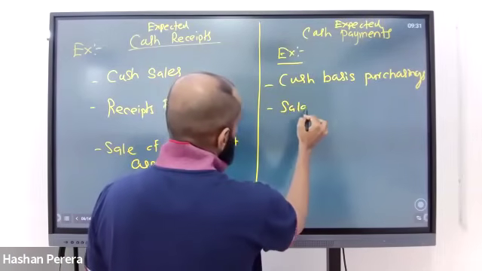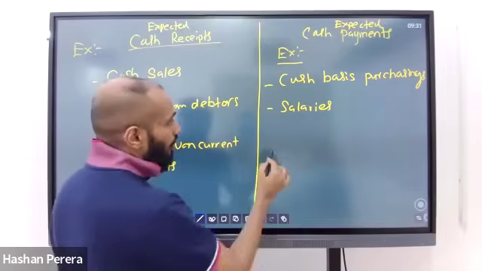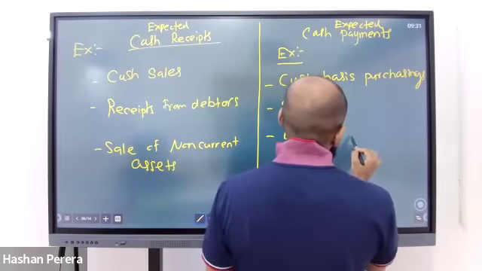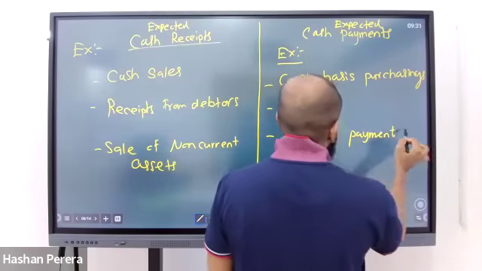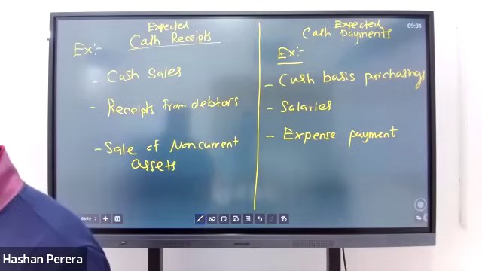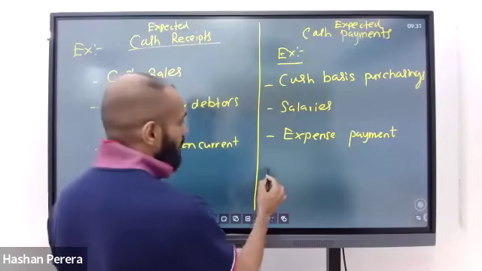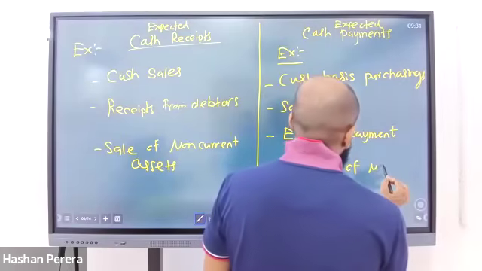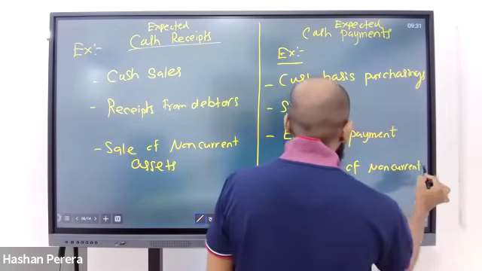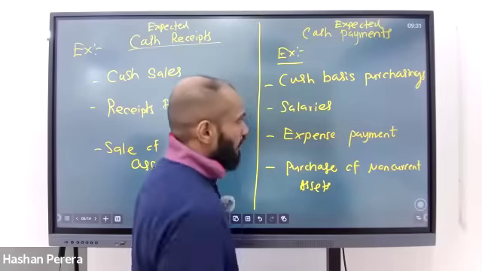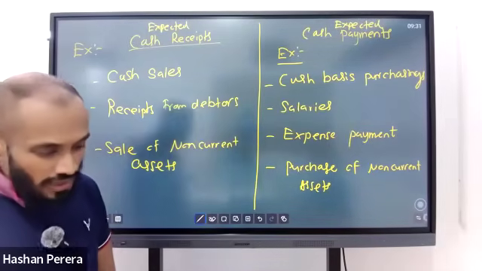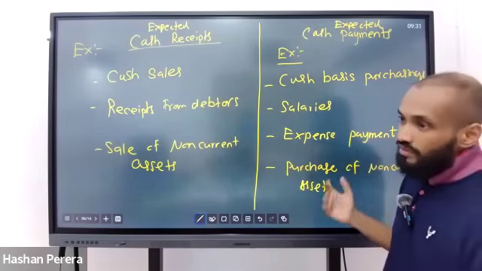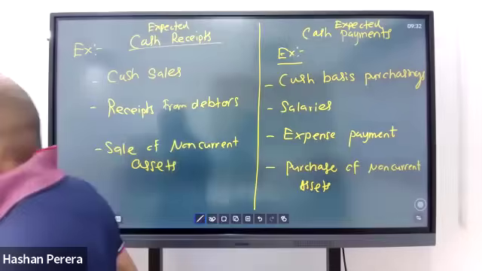Salaries, when you are paying salaries or any other kinds of expenses. Those can be cash payments, or else purchase of non-current assets. Most students doing accounting know better which are cash payments and which are cash receipts. So those things can be written. Clear then? Done.